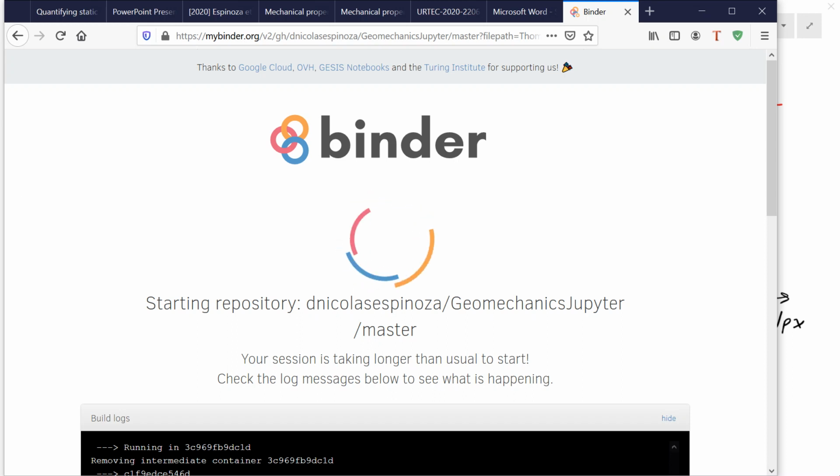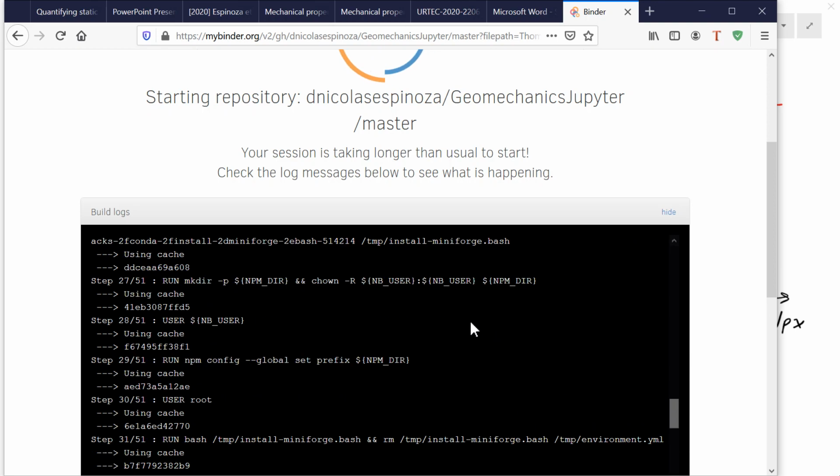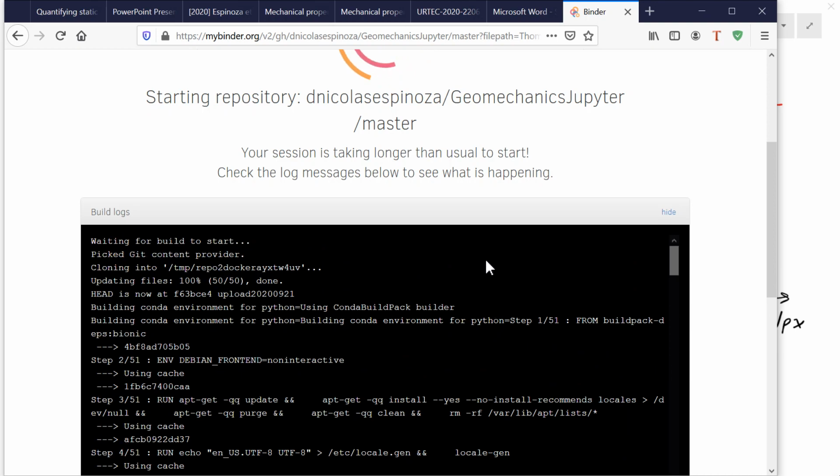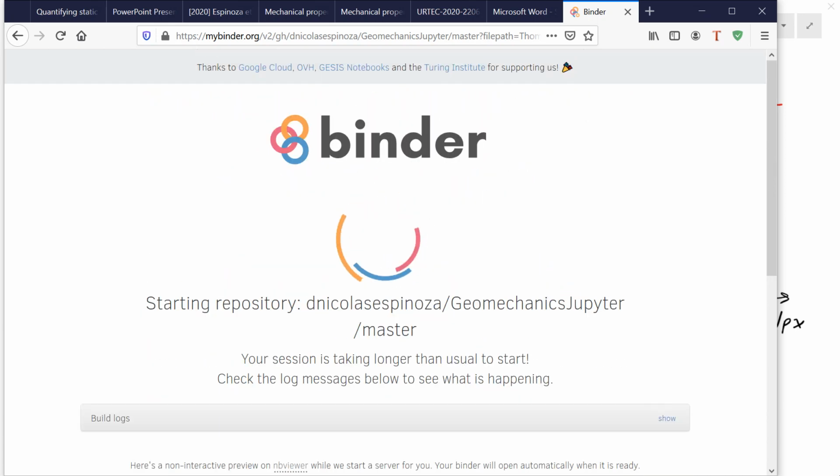Let's just wait a little bit more till this builds. And this should run in just a little bit, in order to visualize the effect of the Thomson parameters in the variation of the P waves.